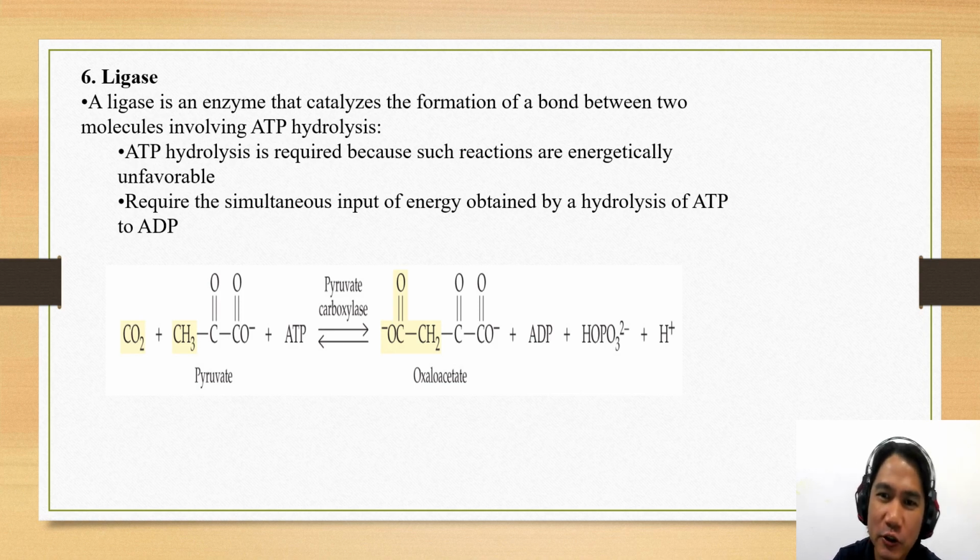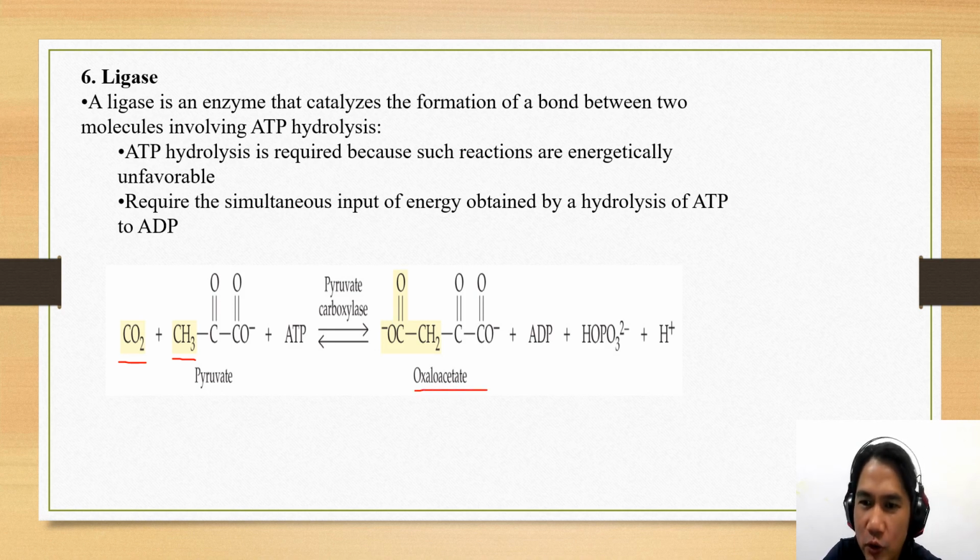So you form a bond by combining two molecules. Here, what is being combined are pyruvate and carbon dioxide. Carbon dioxide becomes part of the molecule, and here you have oxaloacetate.